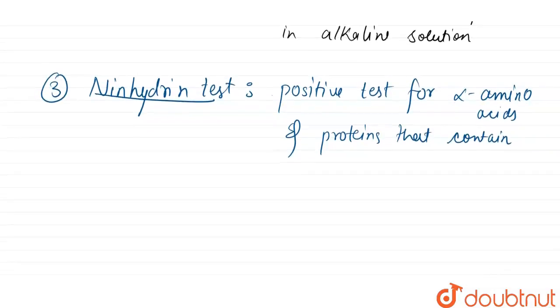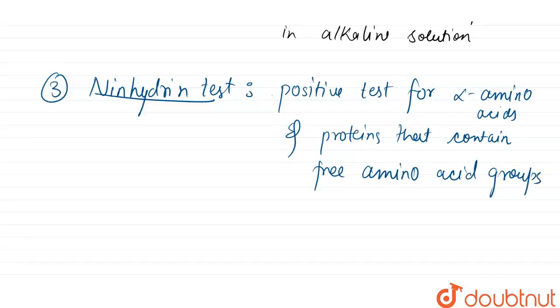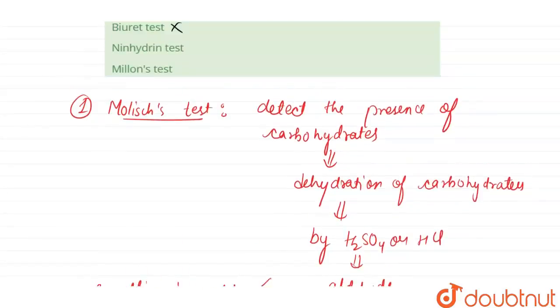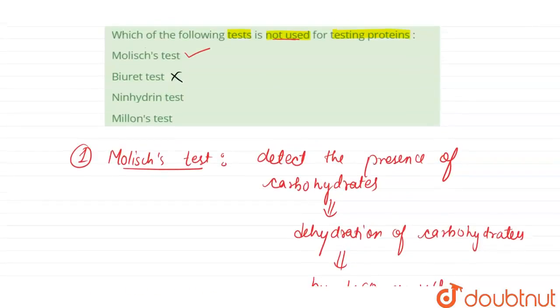So that means amino groups are present in amino acids, which proteins have. So this option is also incorrect.